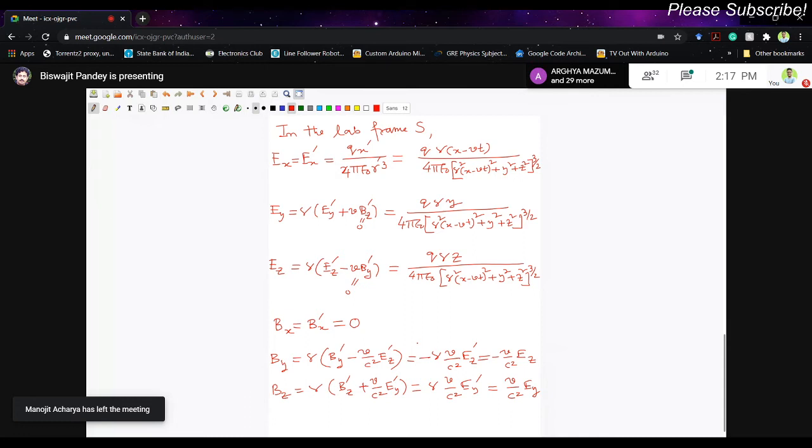Does that electrostatic field differ from this electric field only by magnitude, or are there any other differences that you want to understand? To understand that, you see, on the last page I drew a picture, right? Where this was the laboratory frame and this was the moving frame where the point charge was here, it is moving.